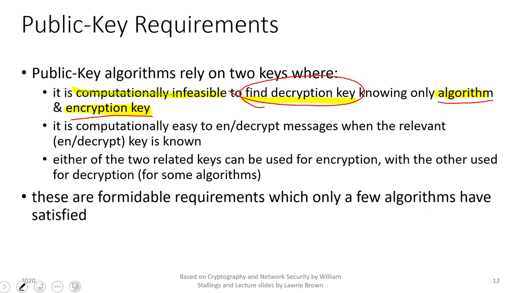But from a computational point of view, we want it to be easy. We want it to be computationally easy to encrypt or decrypt the messages if the key is known. If the key is known, then it is easy. If the key is not known, it is difficult, it is computationally infeasible, so they cannot break the encryption, so to speak. But if the key is known, then we can either encrypt or decrypt without much difficulty.